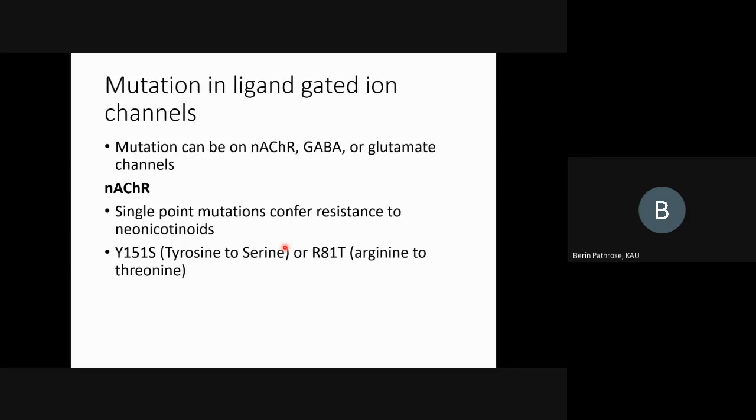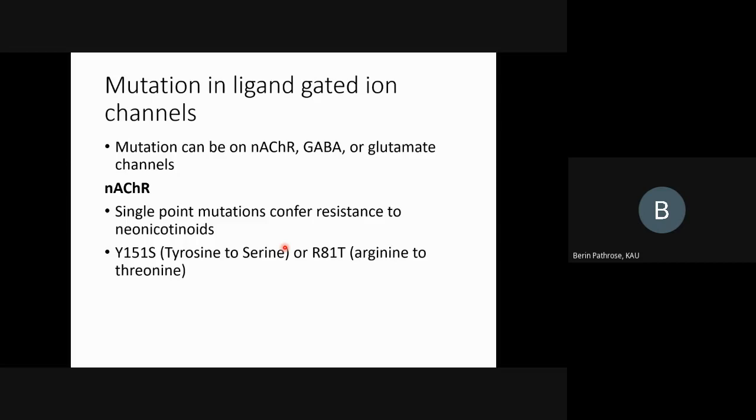Coming to the next one, that is mutation in ligand gated ion channels. I think you still remember what a ligand gated ion channel is. The major neurotransmitters or ligands which you have studied with respect to pesticides are acetylcholine, gamma aminobutyric acid, and glutamate.